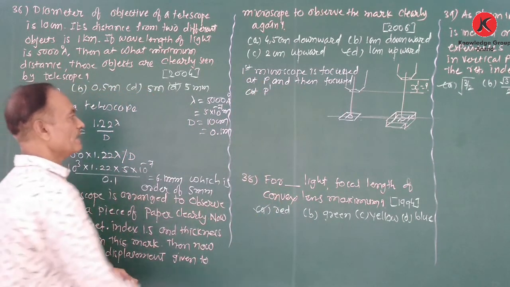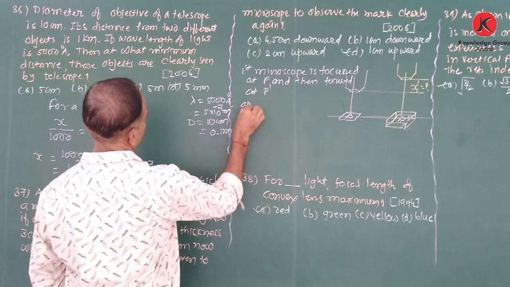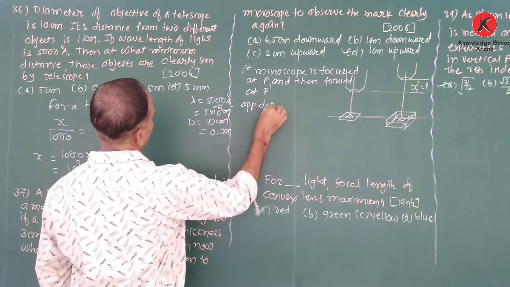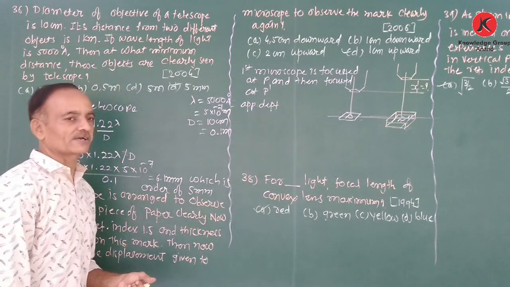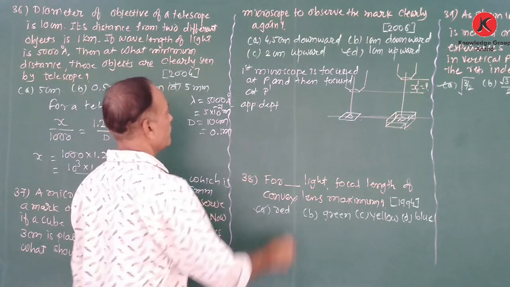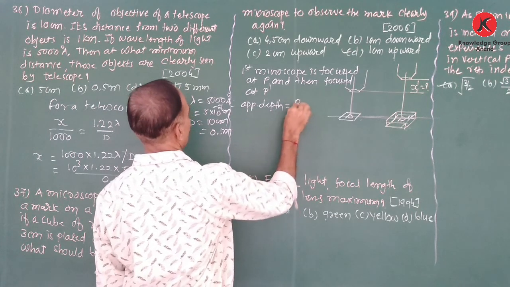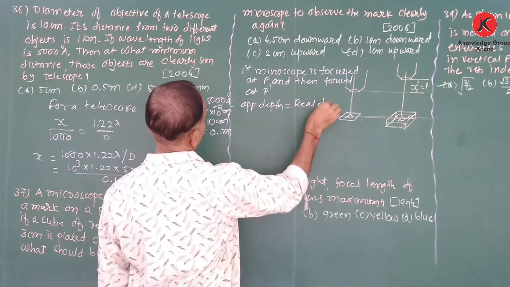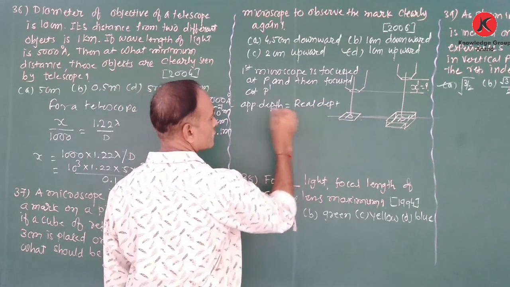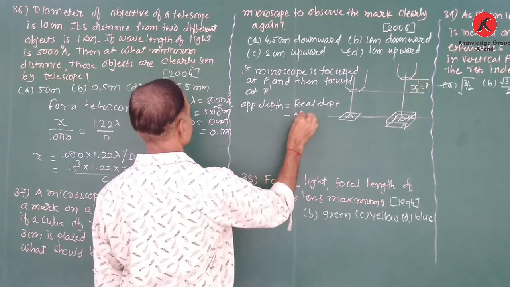Therefore, the shift of the microscope, or moving the microscope up, is equal to real depth minus apparent depth.